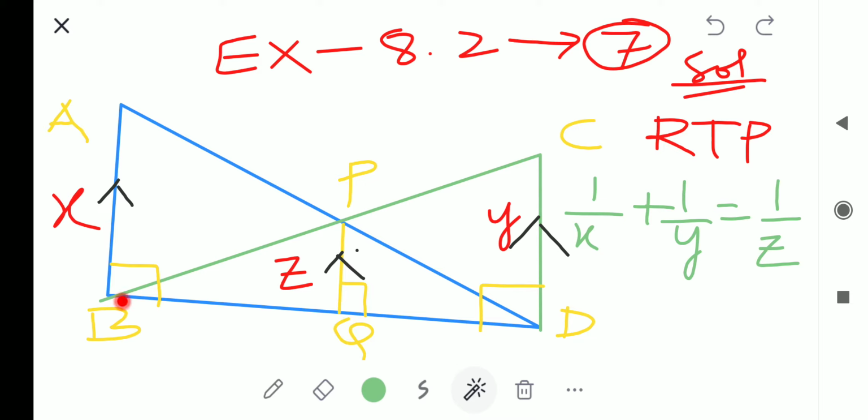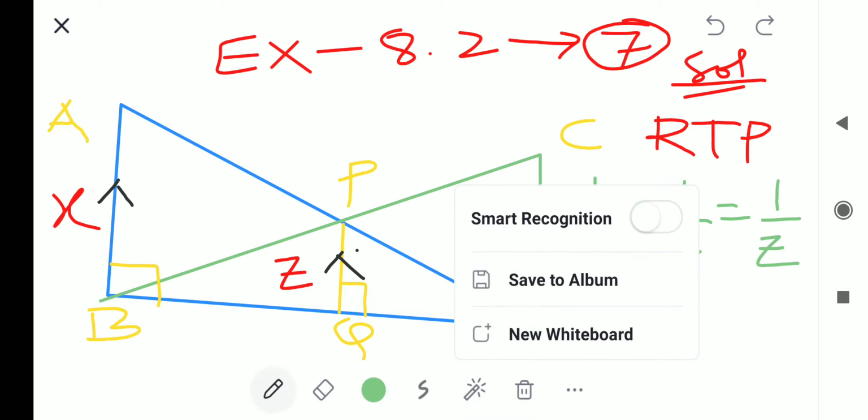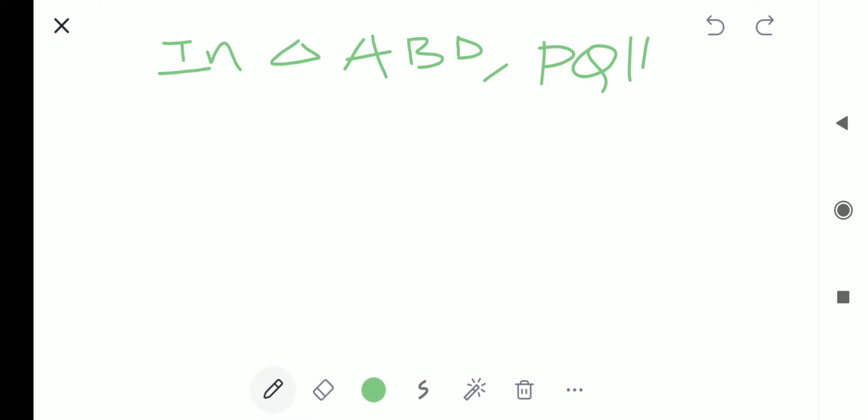A parallel line drawn to one side of the triangle, so we can apply the basic proportionality theorem statement. So using BPT, in triangle ABD, we can say PQ parallel to AB.